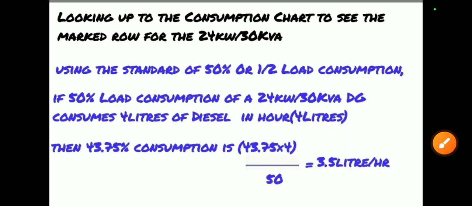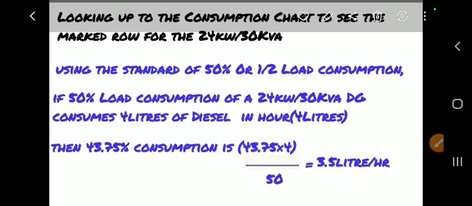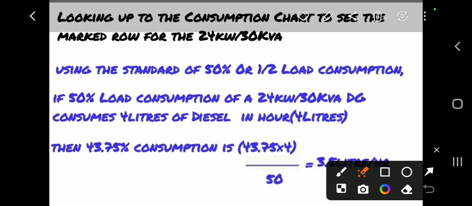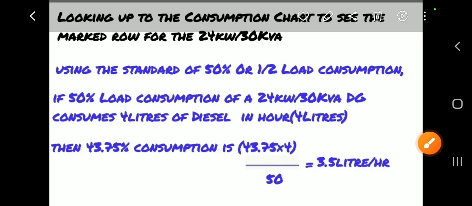If 50% load consumption of a 24 kilowatt, 30 kVA generator consumes 4 liters of diesel in an hour, how much diesel will 43.75% give us? It will definitely give us the value of 3.5 liters per hour.